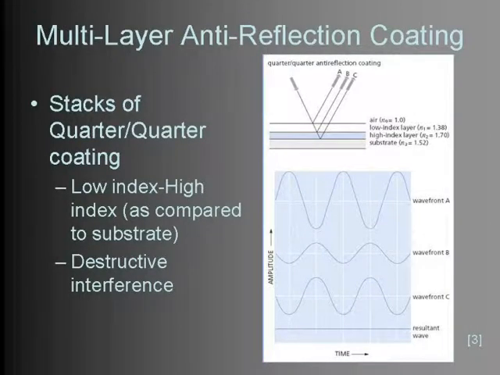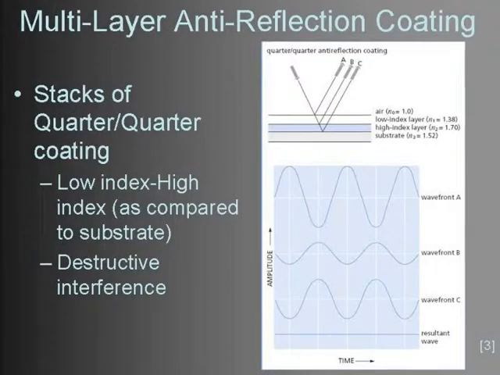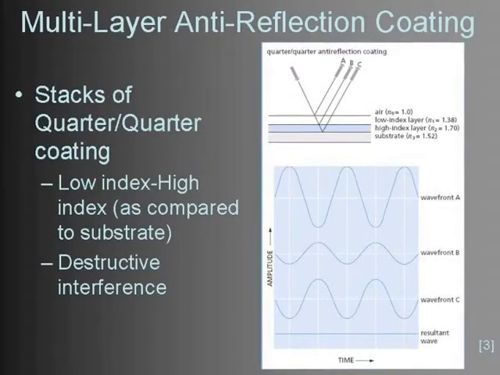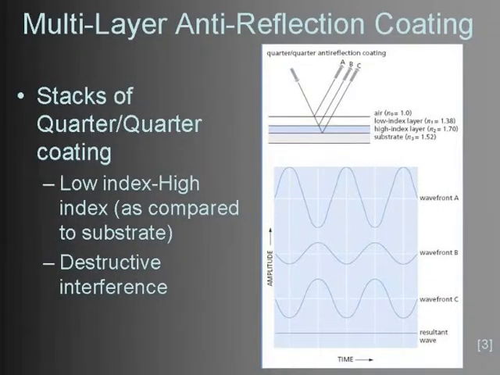Those two inner reflections, if you want to call them that, are out of phase by 180 degrees with the incident reflected light at the first surface of the air-film boundary. In other words, the whole point is to cancel the amplitudes of the first reflection at the air-film boundary with the other inner reflections.